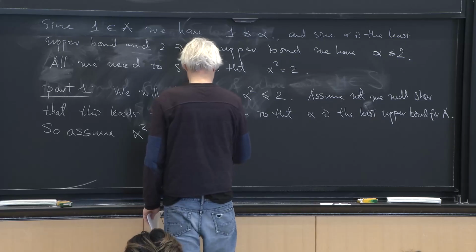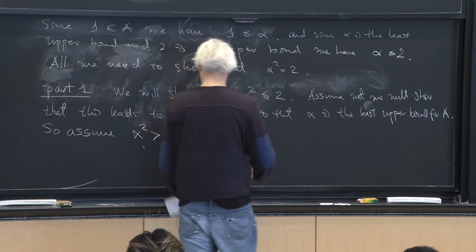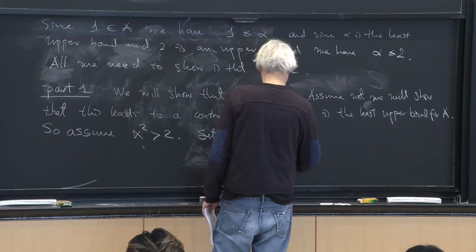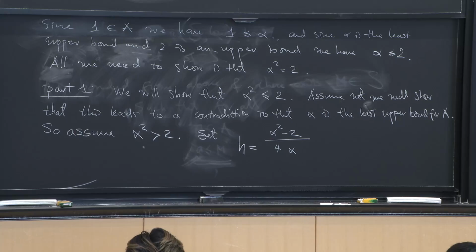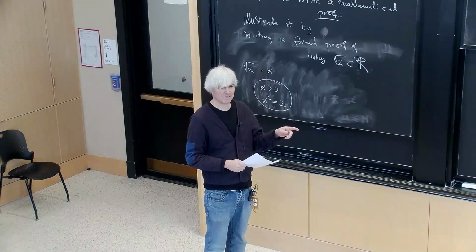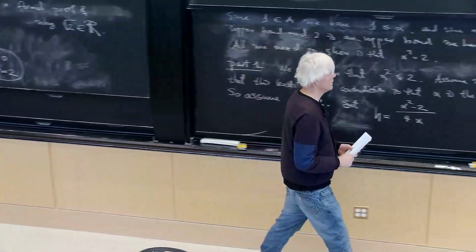Set h equal to alpha squared minus 2 over 4 alpha. Obviously, if this was the first time you would do it, you wouldn't just come up with this sort of thing. This is coming from the scrap paper that you have. So you're setting h equal to that.